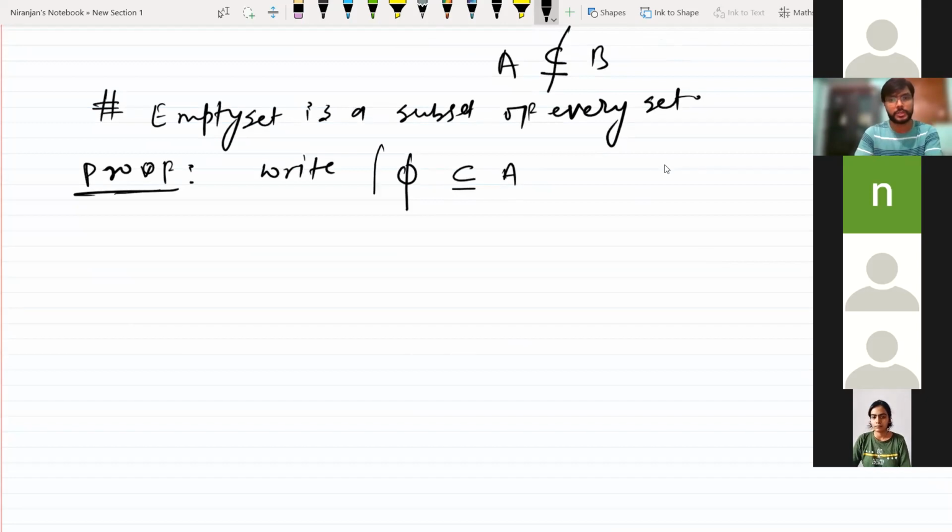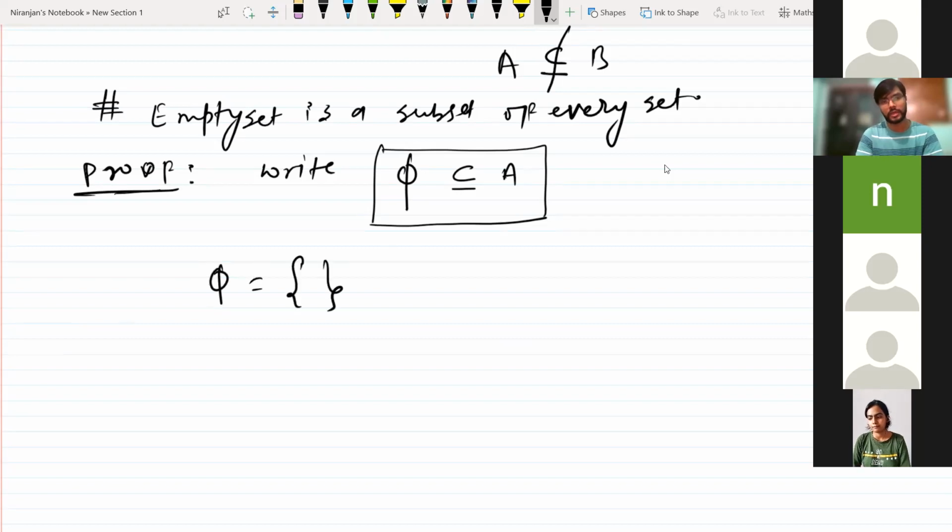Because I said that the empty set is a subset of every set. Now, what did I say about how you can disprove this? I mean, to show it is not a subset of a set, you need to show that one element of this set is not in A, where A is my universal set.